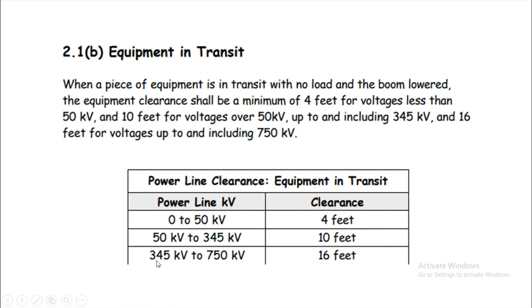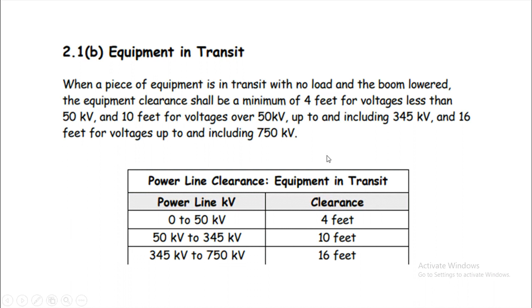Then if the power line is 345 kilovolts to 750 kilovolts, you should have a 16 feet clearance when you are transferring your equipment on that location. Okay, so 0 to 50, 4 feet, 50 to 345, 10 feet, and 345 to 750 kilovolts, 16 feet.